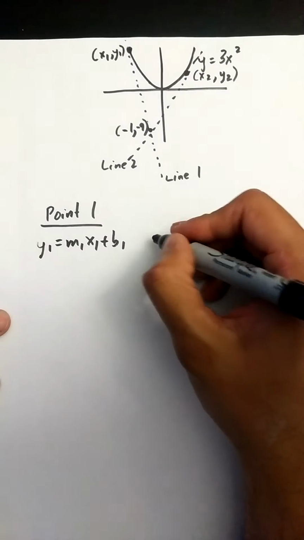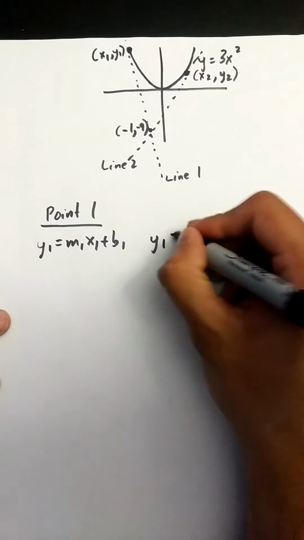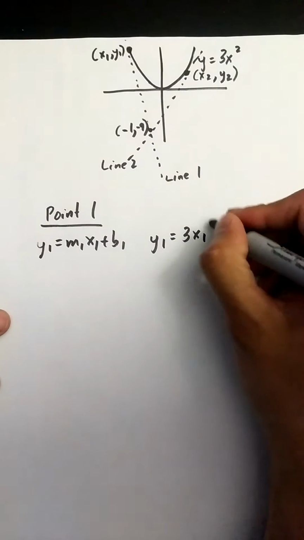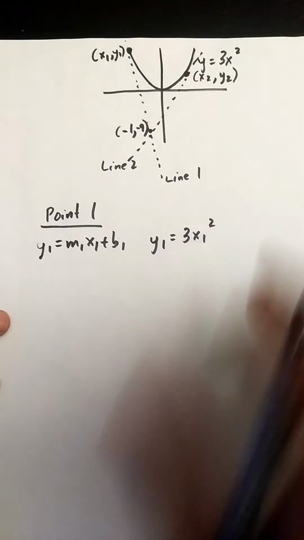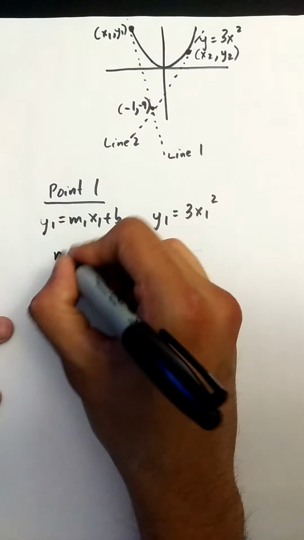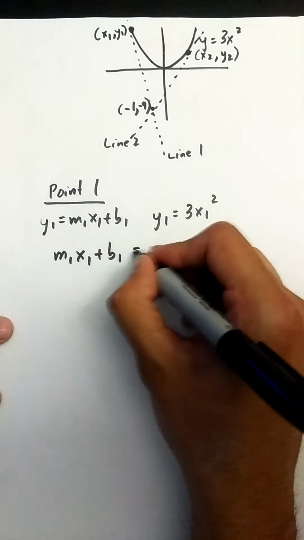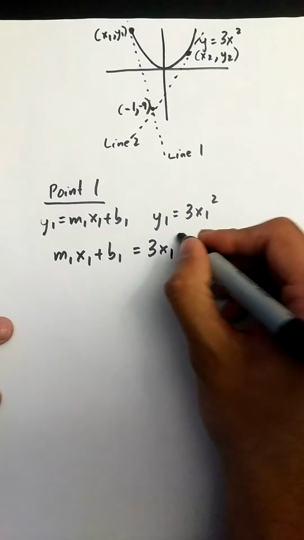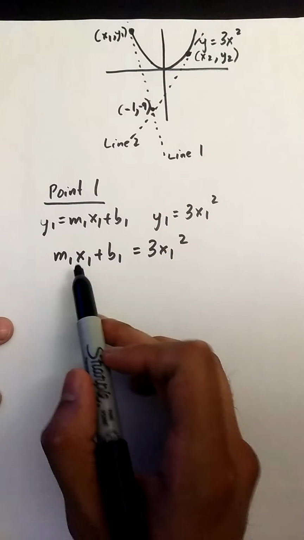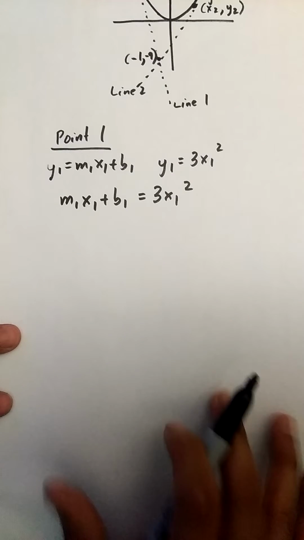And my equation for my quadratic function would be y1 equals 3x1 squared. I know that these two equations intersect, so I can equate them together. So m1 x1 plus b1 equals 3x1 squared.